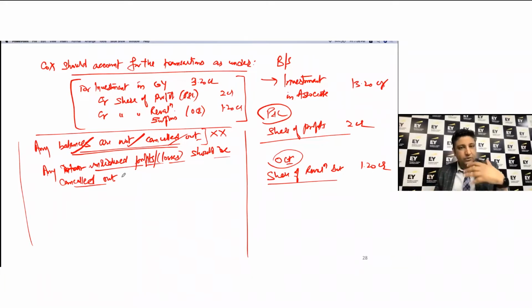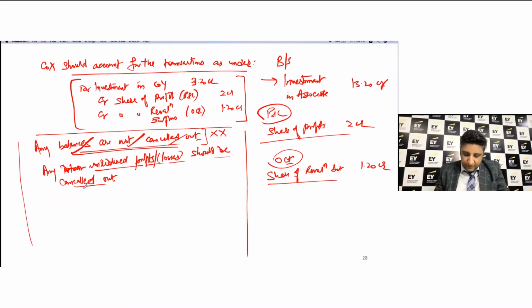So that's one difference in accounting that you would observe when you look at accounting under Ind AS 110, which is consolidated financial statements, versus accounting under Ind AS 28. We'll of course see several examples to understand how the accounting works. And we again use the same terms.